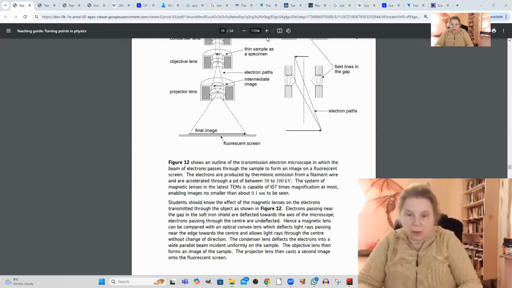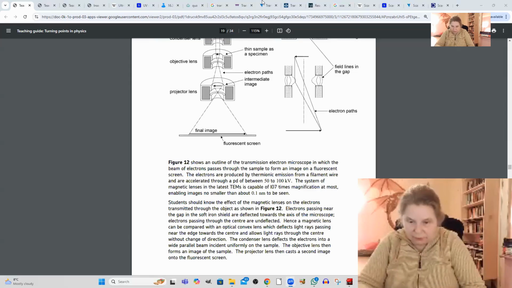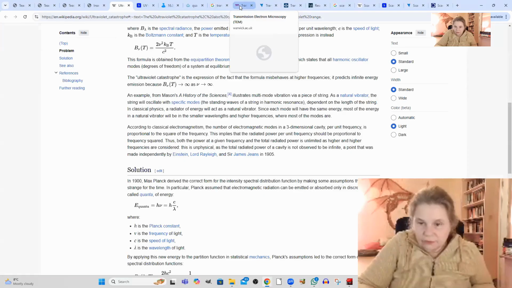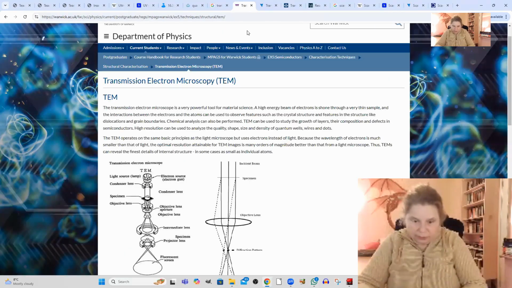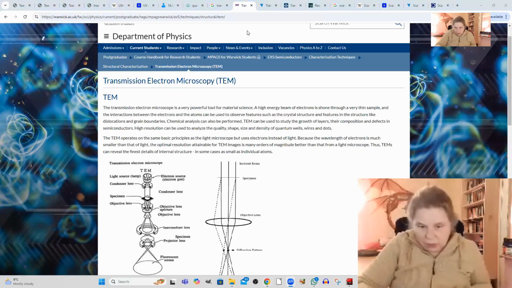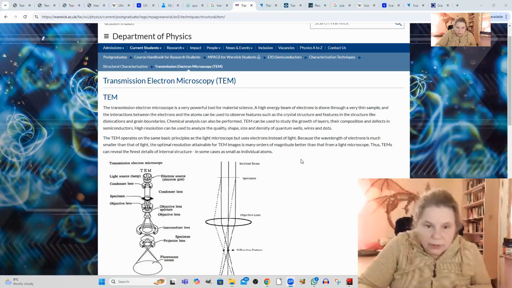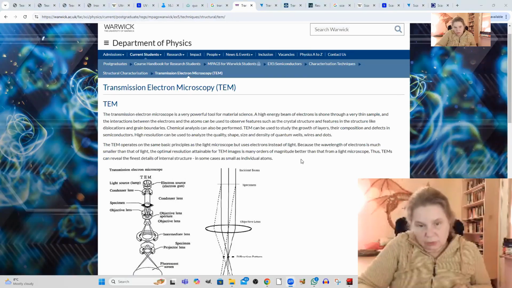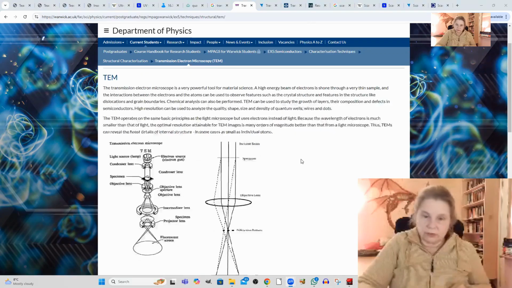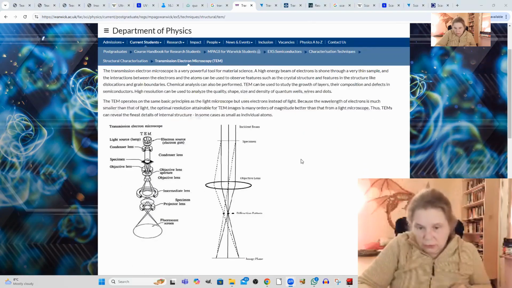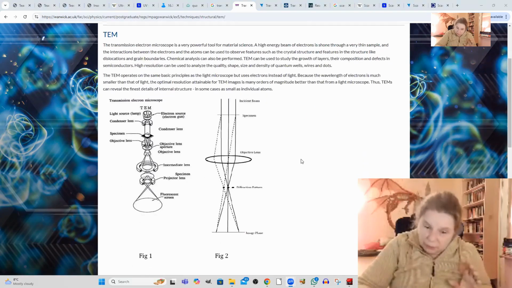This is a transmission electron microscope. Right now, I've got various versions up. You can read this, I'm sure. This one is from the University of Warwick. This is the transmission electron microscope, and you can see they've got a similar setup.